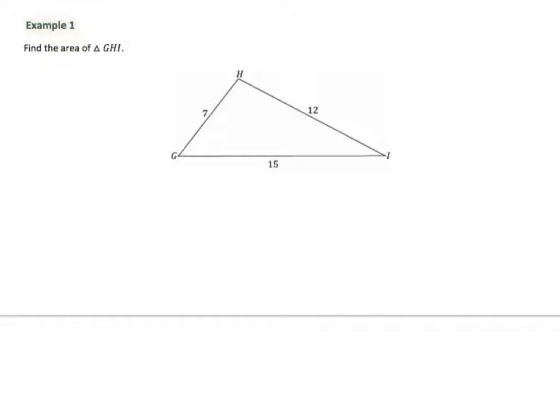The area of triangle GHI, let's talk about it. To figure out the area of a triangle, we really need to know the length of the altitude. Okay, the altitude always drops from a vertex to an opposite side at a perpendicular angle.